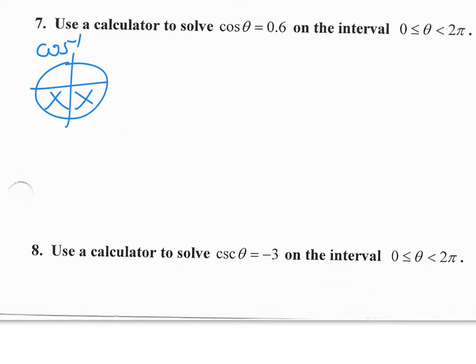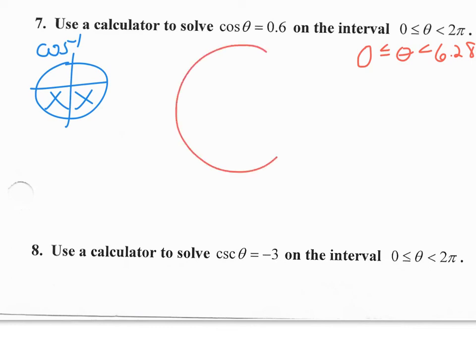So let's just try this real quick. Solve for cosine theta is 0.6 on the interval 0 to 2 pi. Now, if we're using the calculator, it's going to spit out decimals. So I'm going to rewrite the interval as 0 to 6.28, which would be 2 pi. So then I know where to stop with my decimals.